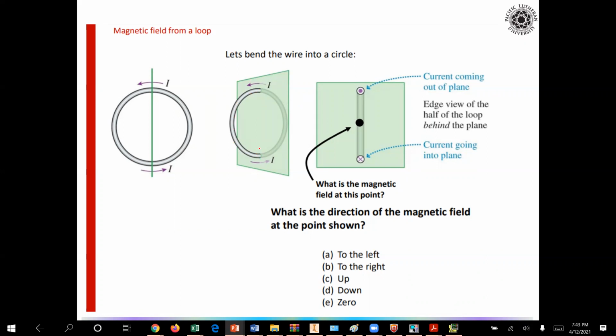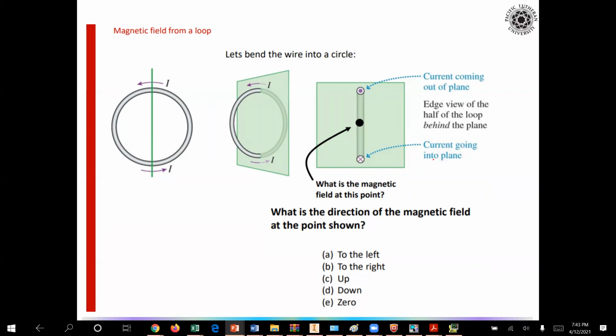We know when it comes out, we represent it as a dot, meaning the current comes out, perpendicular to the page. And when it goes in at the lower side, we represent it with a cross, which means the current goes into the paper. Okay, that's the general representation.